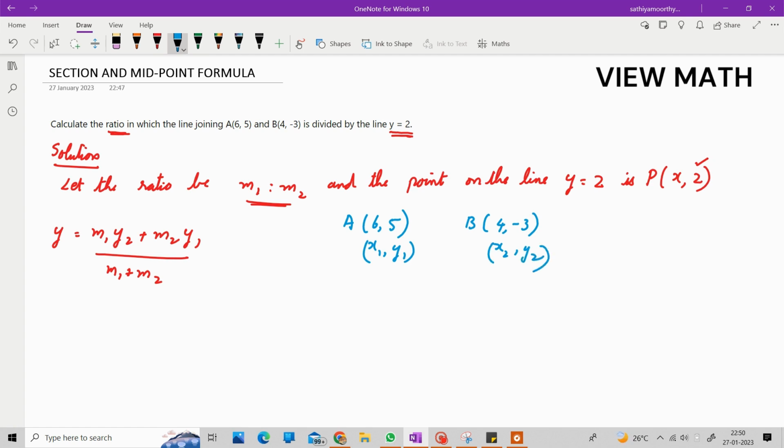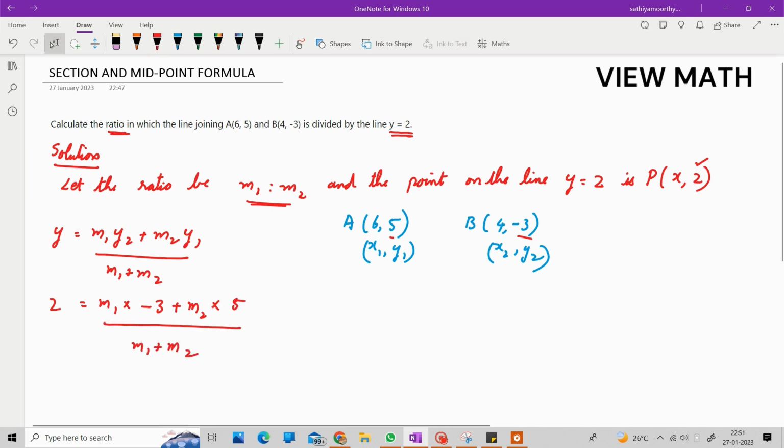So y is 2, which is equal to m1 into y2, which is minus 3, plus m2 into y1, which is 5, divided by m1 plus m2.